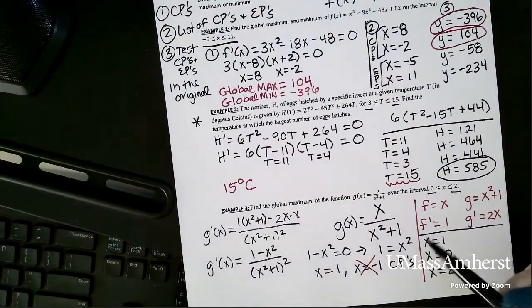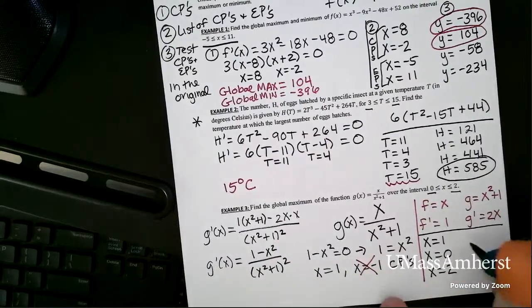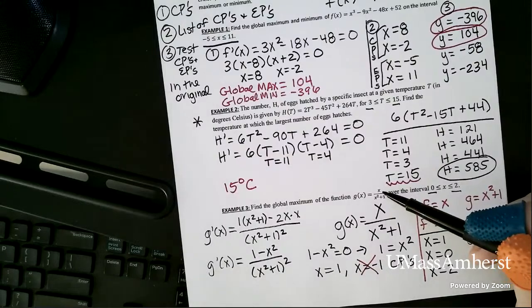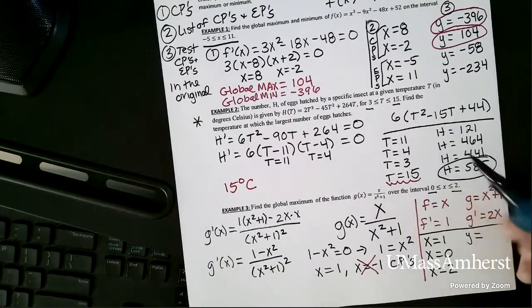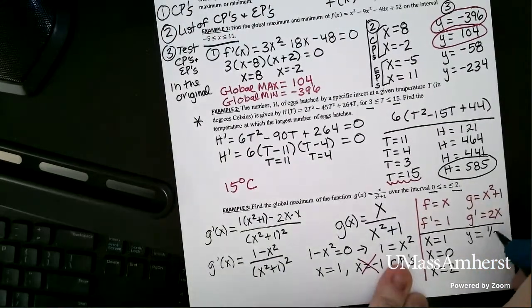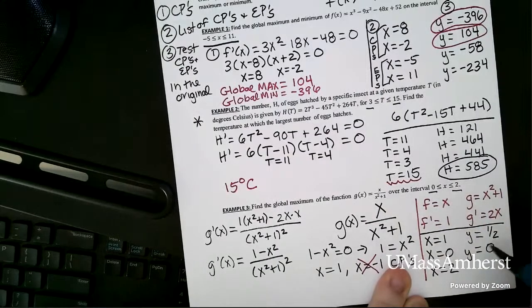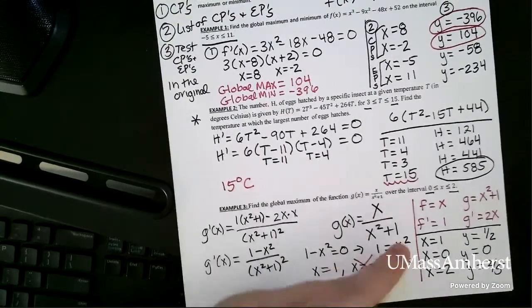I'm going to plug each of these back into the original to get the dependent value. When I plug in a 1, I get 1 over 1 plus 1. So that's half. When I plug in a 0, I get 0 over 1, which is 0. And when I plug in a 2, I end up with 2 over 5.